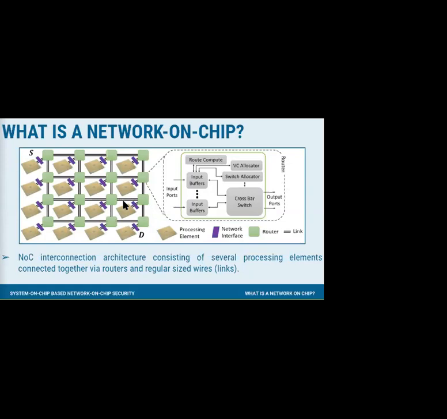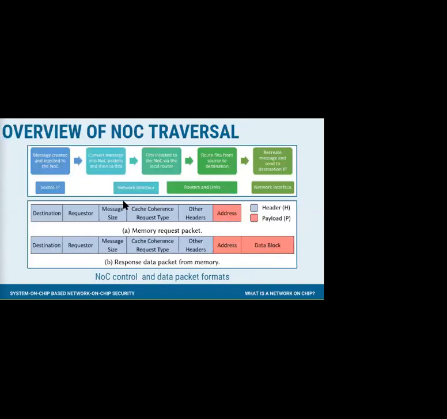This is pretty much similar to the network architecture in the internet, but the only difference is this is on chip. This is about on-chip communication. If you want a simple idea about how communication is happening, this image will clarify your doubt.